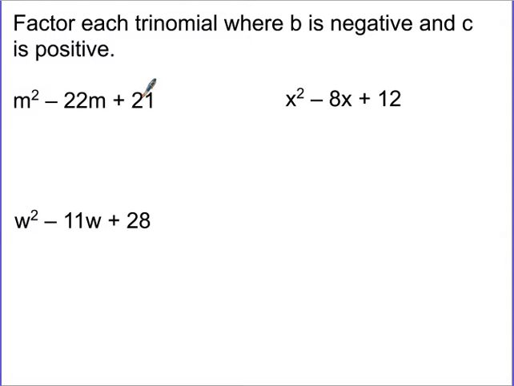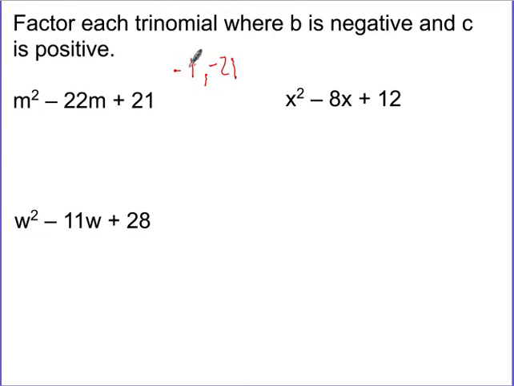Negative 3 and negative 7 would also be a positive 21, right? When you end up with a negative symbol here, though, remember, I need two numbers that multiply to positive 21, but they add to negative 22. So what are both of my numbers going to have to be if they add to a negative? They're going to have to both be negatives. So I need a negative 1 and a negative 22, or sorry, 21.